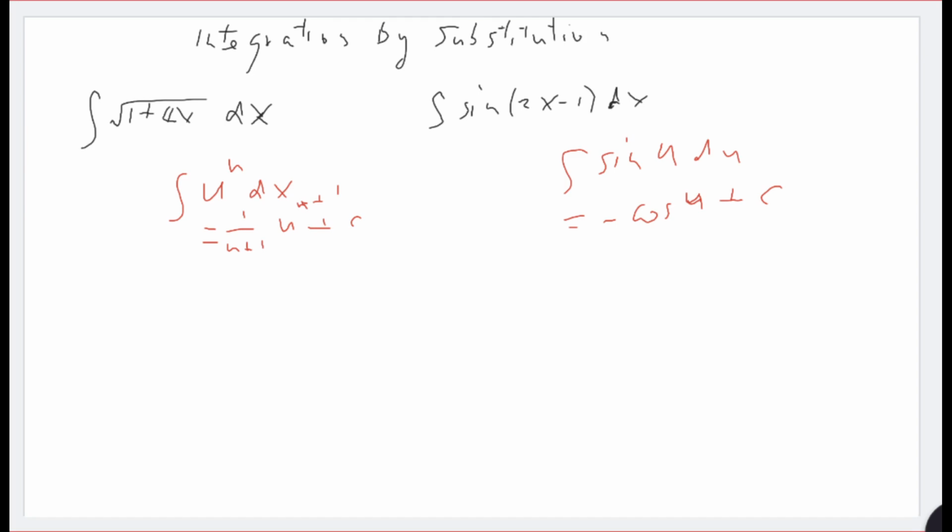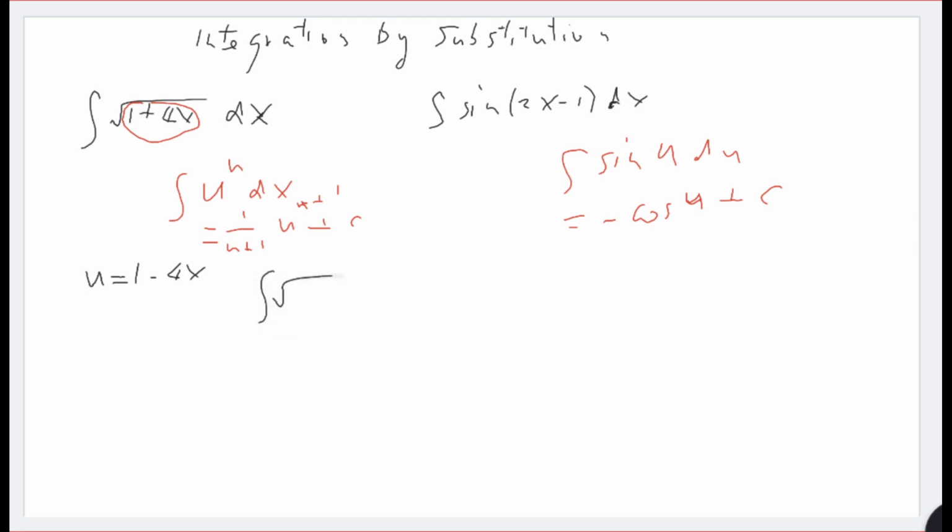So like we talked about, we're going to think of this as u. So in writing, we're going to introduce the substitution u equal to 1 plus 4x. With this substitution, now the integral, let me copy down the integral here.